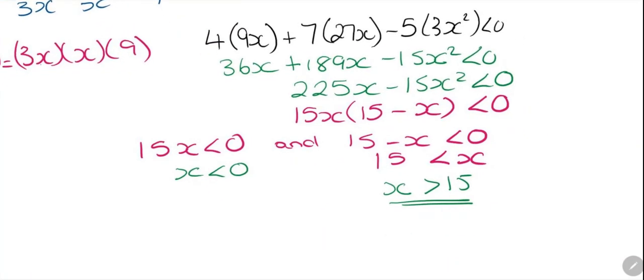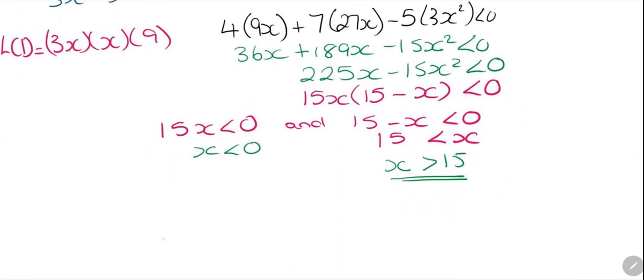So I'm going to draw myself a line. So we are here, and there's our values. So this is our line here. But we are saying that the values are actually this way. This is 15, and this is 0.